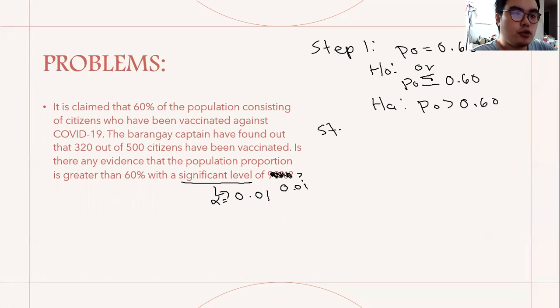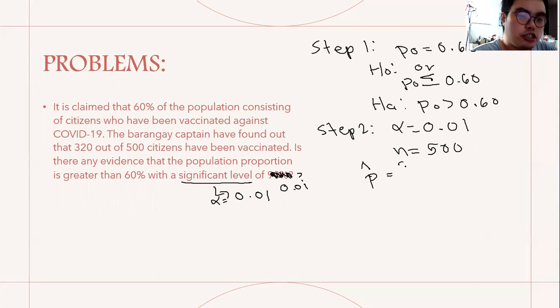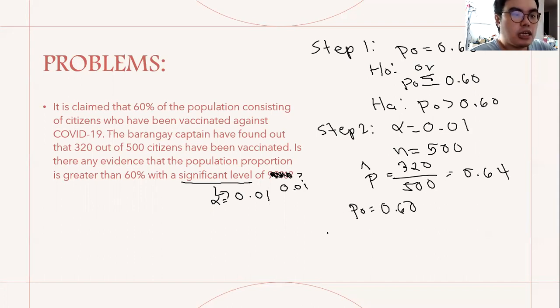For step 2, we can state the given. First, the significant level, then our sample size is 500, then our sample proportion is 320 divided by 500, which is 0.64. Then our p sub 0 is 0.60. Then 1 minus p sub 0 is 1 minus 0.60, which is 0.40. So now we have stated all the given here.